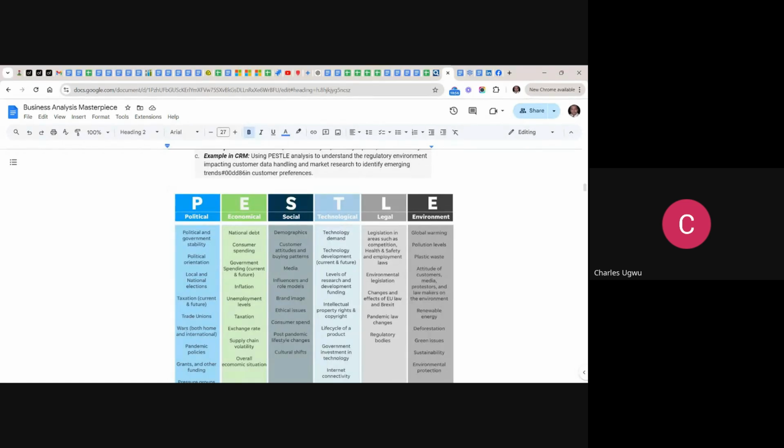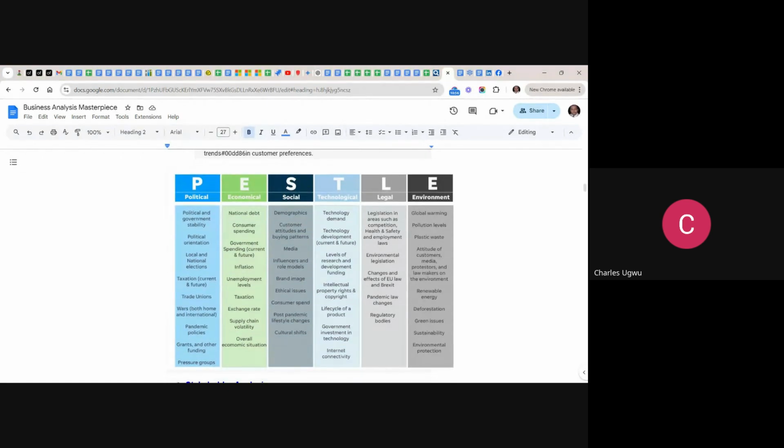If we are trying to undertake a project, these are things we need to understand. That's how we understand the market first. It helps us to be guided and informed before we start planning anything. Under political, we have what we call political and government stability.